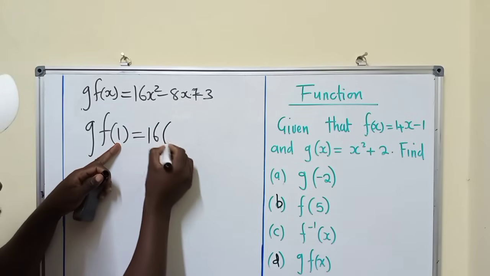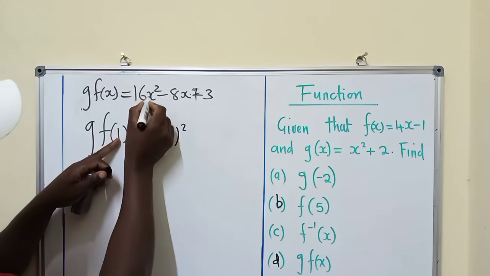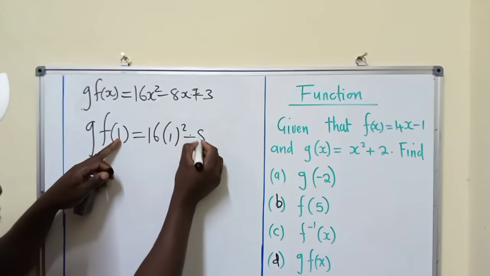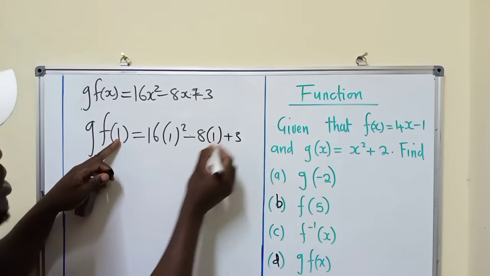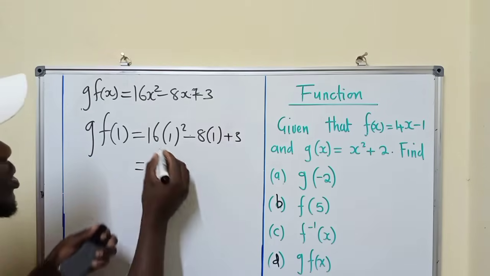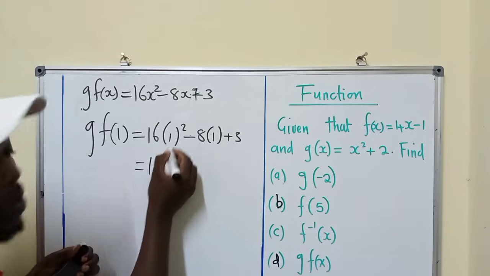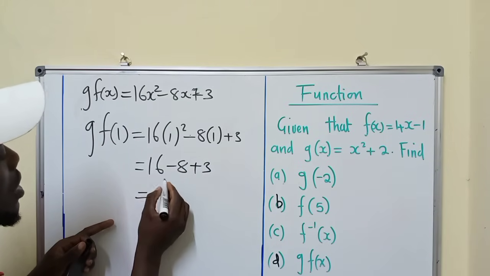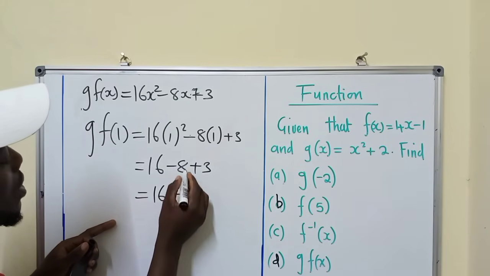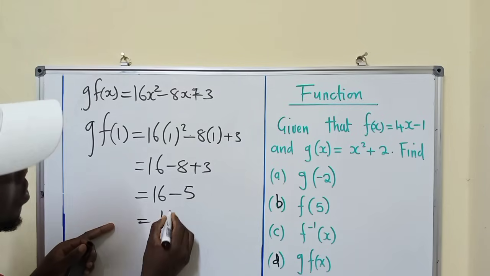You have 16, I'm putting a 1 here, minus 8, a 1 there, plus 3. You see, this is how you substitute. We shall get 16 because 1 squared is just 1, minus 8 plus 3. And this will give us 16 minus 5, isn't it? Which is equal to 11.